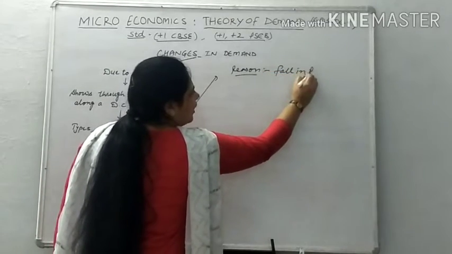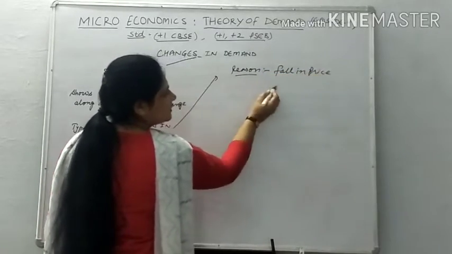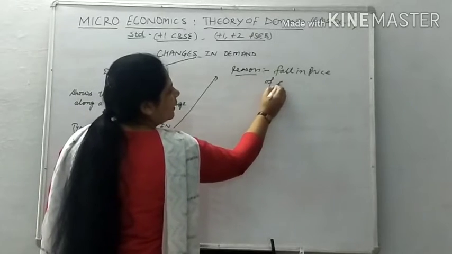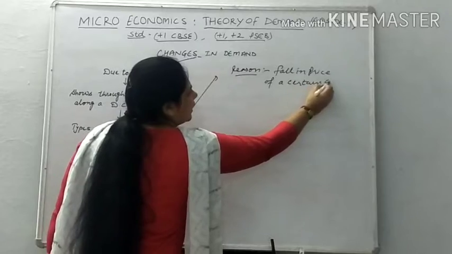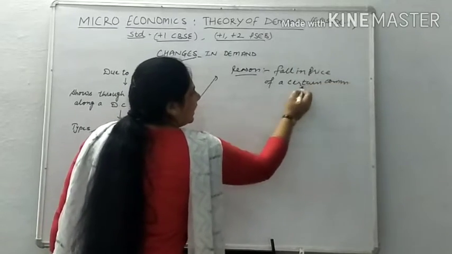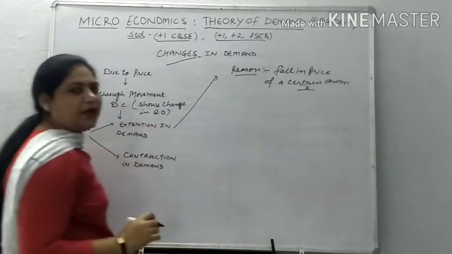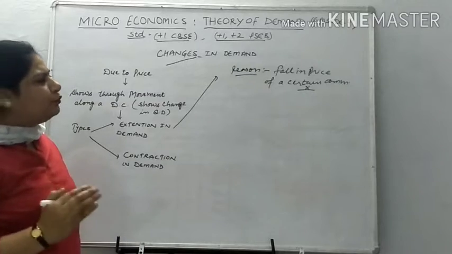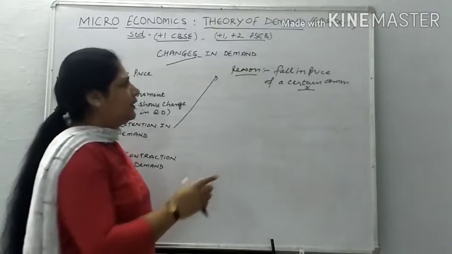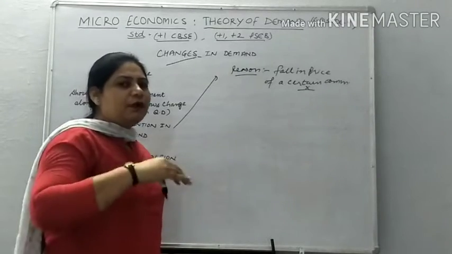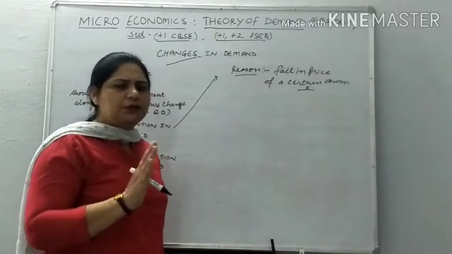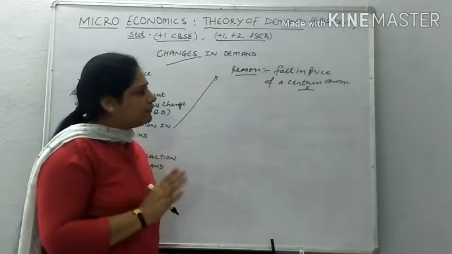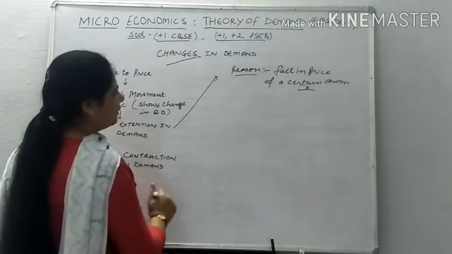When there is a fall in the price of a certain commodity, suppose X, a consumer is going to purchase commodity X, but there is a fall in the price of good X, while other factors are equal and have no impact on the consumer's demand.